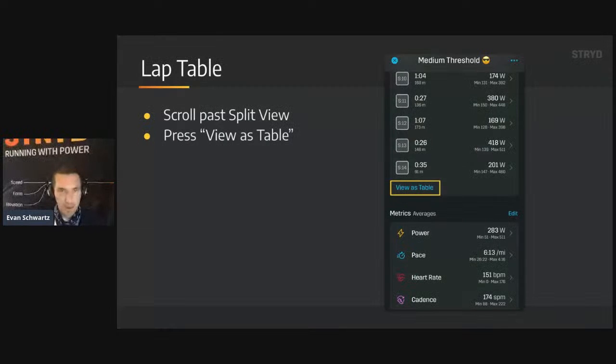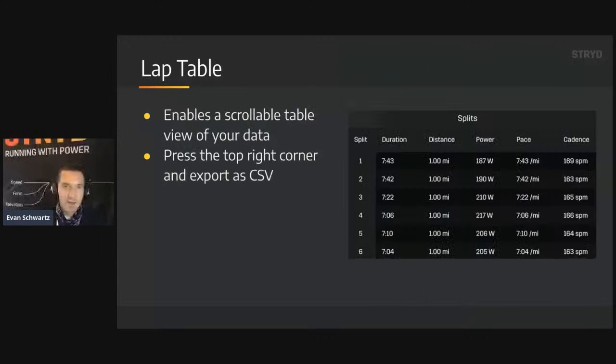So in the lap table, you'll scroll past split view, as we can see the split table up here. And then you can press the blue View As Table, and this is just above your metrics average section. Once you press that, it'll enable a scrollable table view of your data, and you can move your finger all the way through.